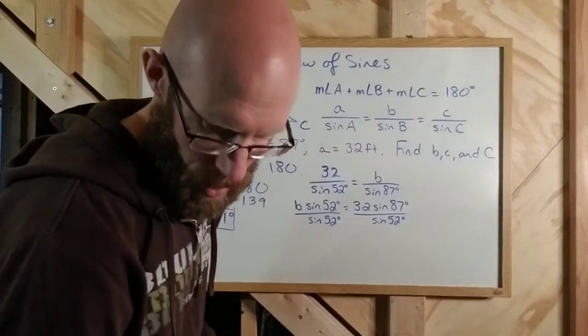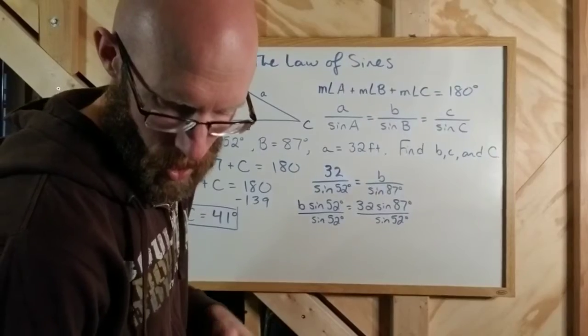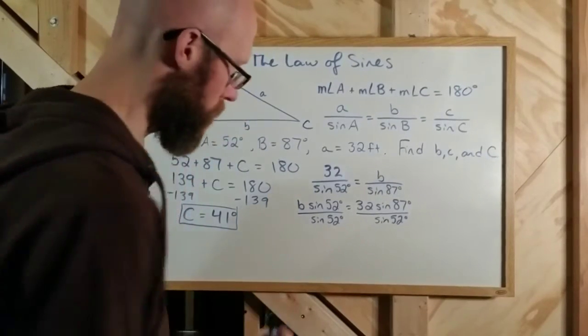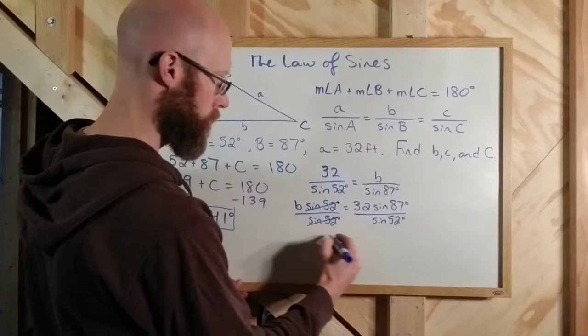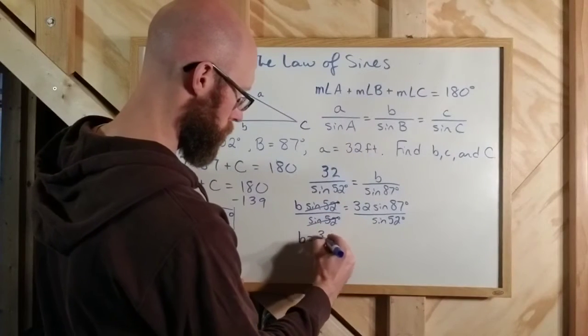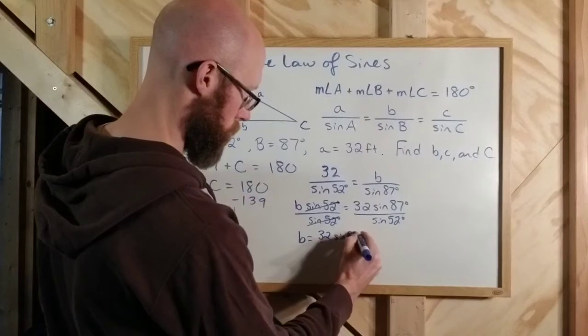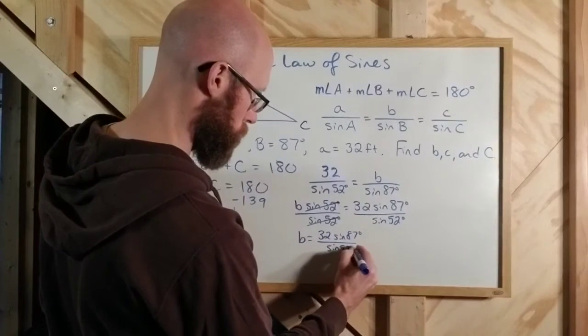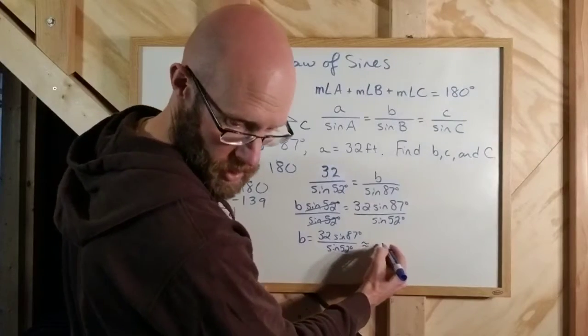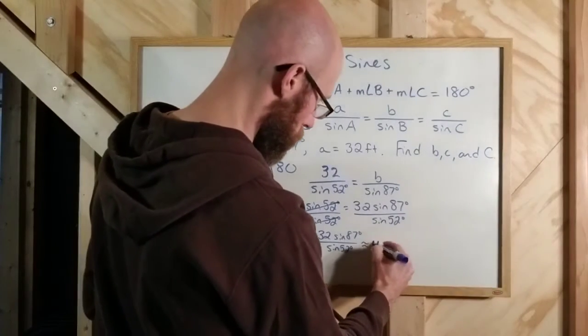Alright, and you're going to get 40.55. So these cancel off. So b is equal to 32 sine 87 over the sine of 52, which is approximately 40.55.